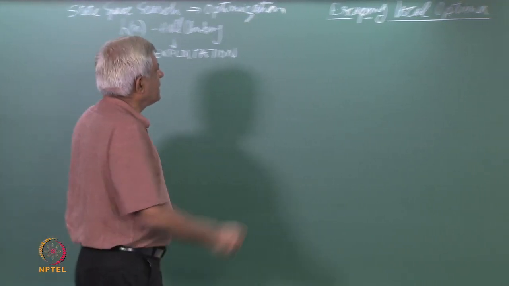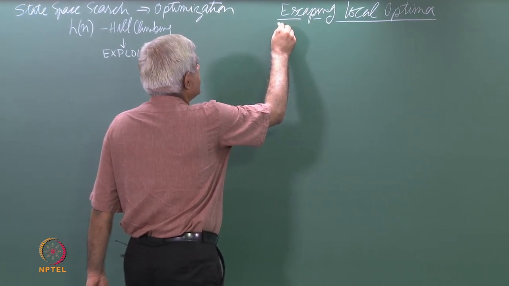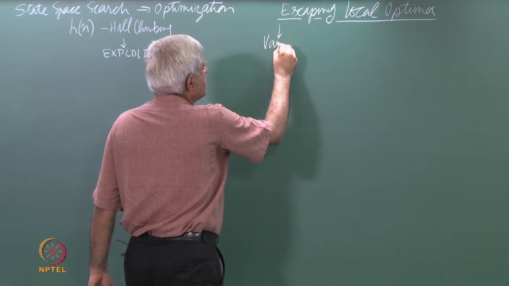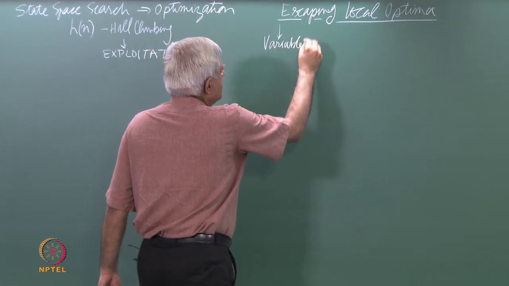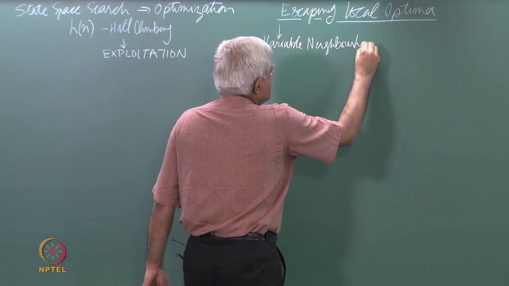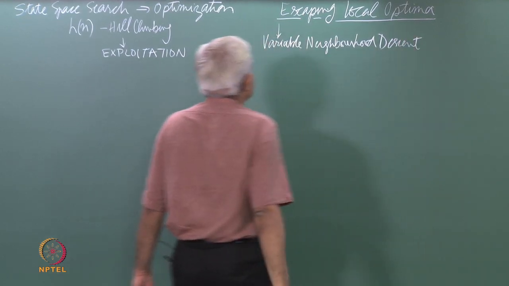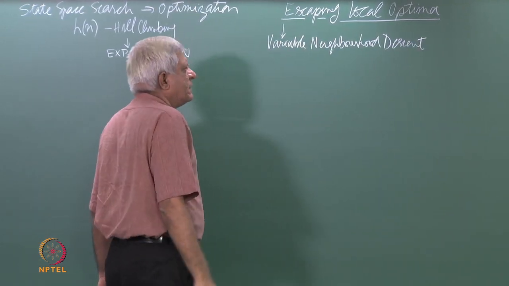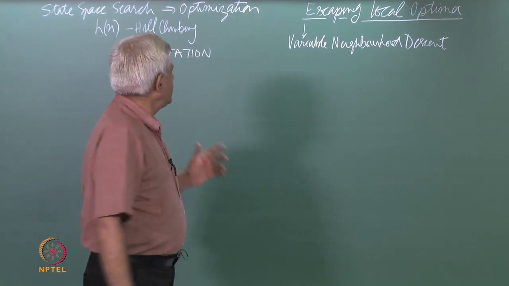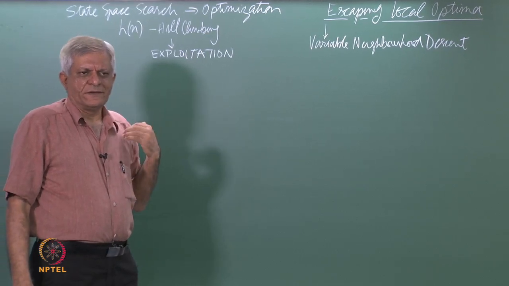In escaping local maxima, one of the first algorithms that we looked at, in fact the only algorithm that we have seen, is variable neighborhood descent. What this algorithm did was that it tried out a variety of neighborhood functions.